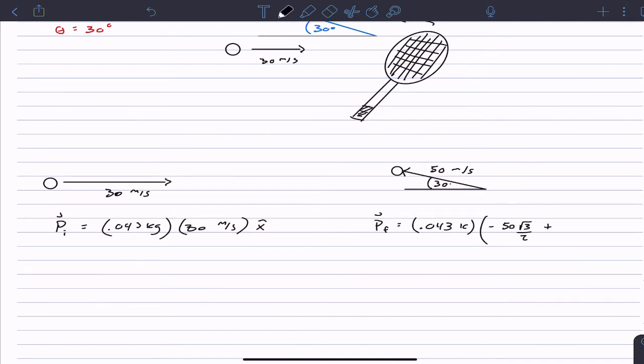And then it's positive y direction, right? Because this is coming back this way. Negative x-hat direction, positive y direction. Okay, positive y-hat direction, 50 meters per second sine 30, which is 1/2.